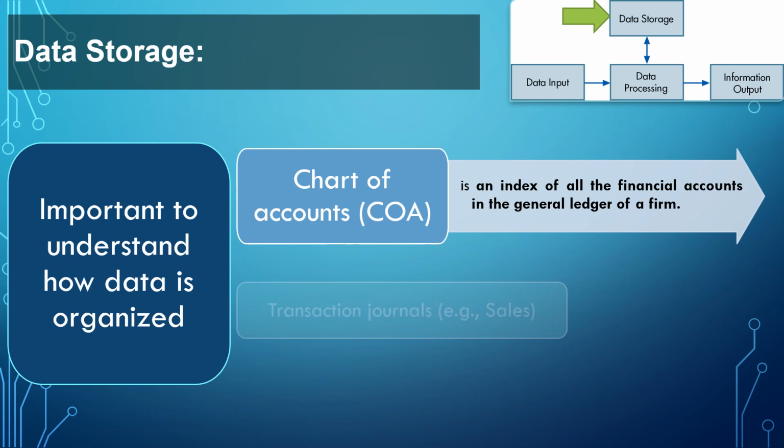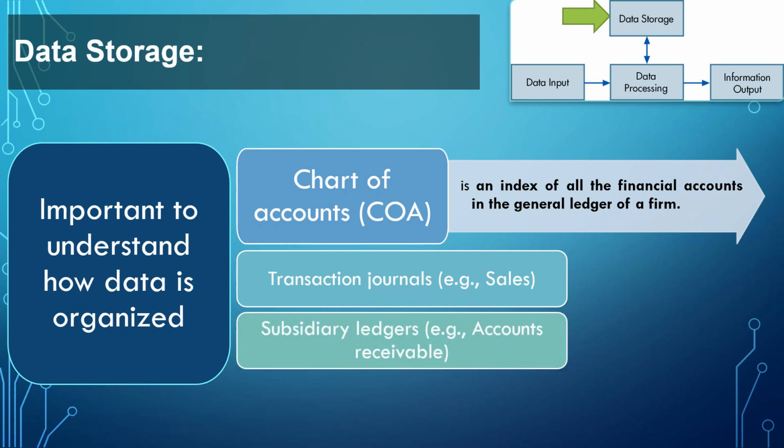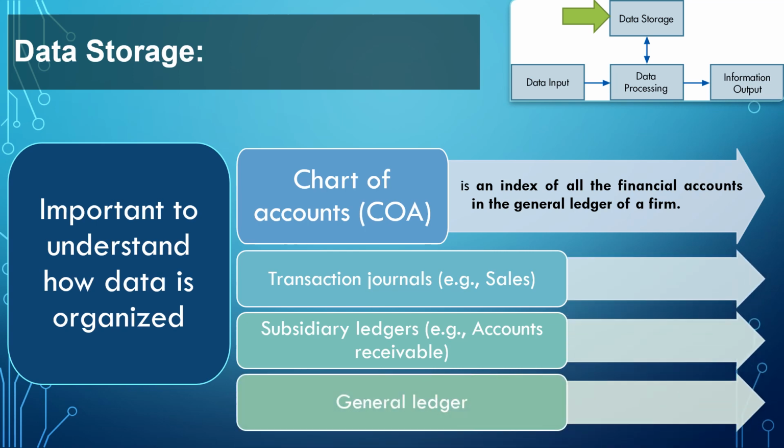Then the transaction journals, let's say sales, then another journal for accounts receivable, another journal for other accounts, and so on. Then the subsidiary ledger for accounts receivable, and so on. The final one is the general ledger. So this is how we store the data manually, and we will also explain the same process in automated systems.